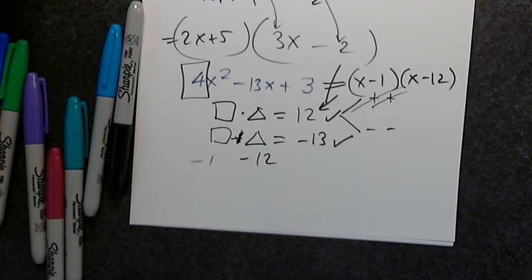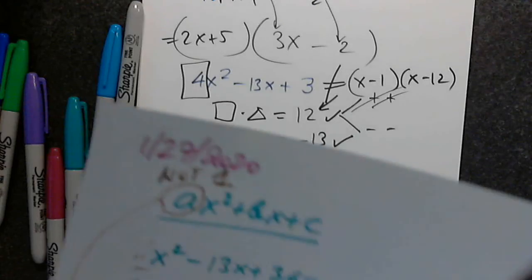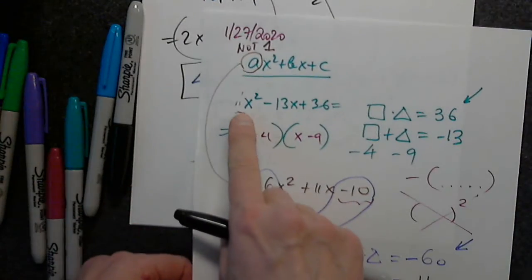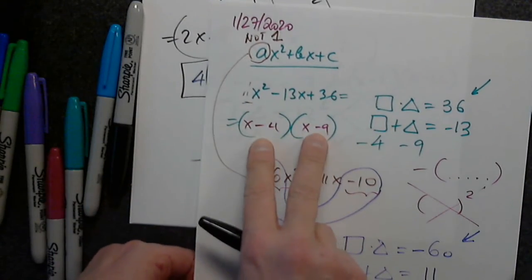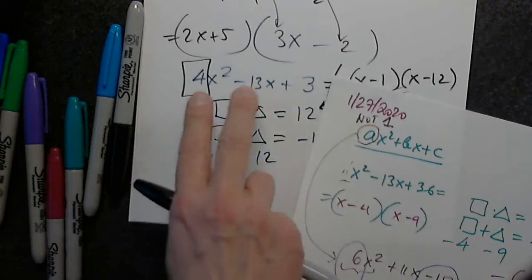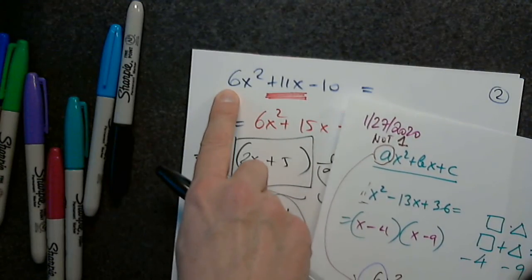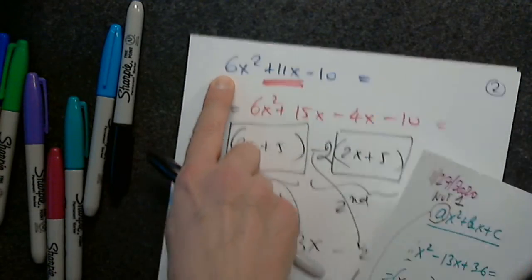So you either write negative 12x minus 1x, or you write negative 1x minus 12x. When you multiply them out, you'll still get the same original problem. So this is the only time in which you can go ahead and write this. This is not that case. You cannot do this.